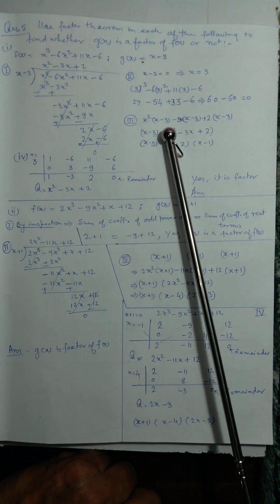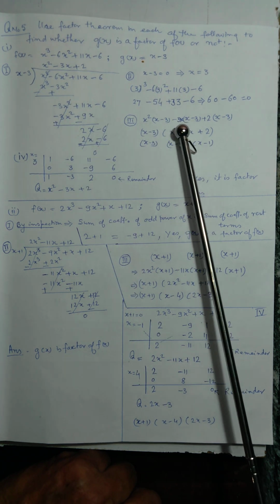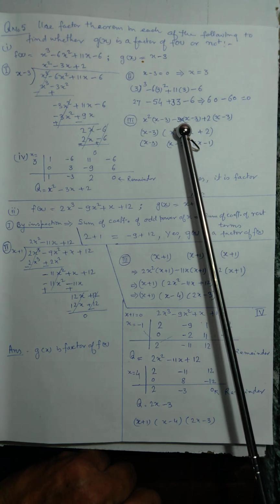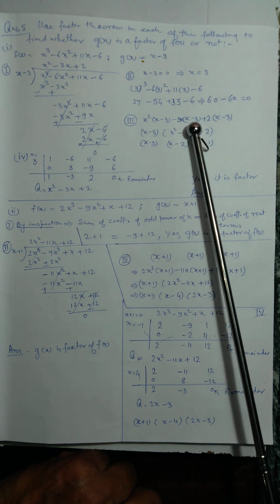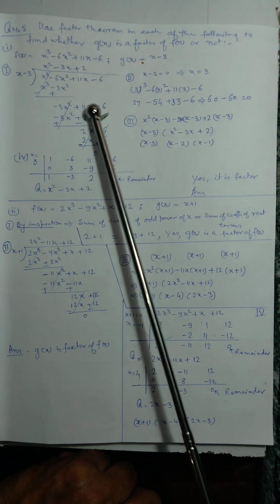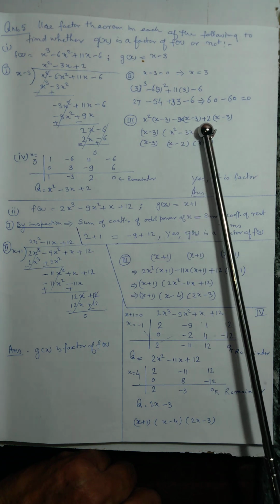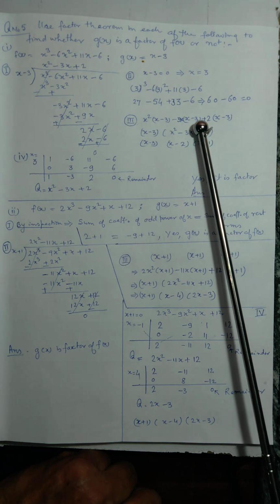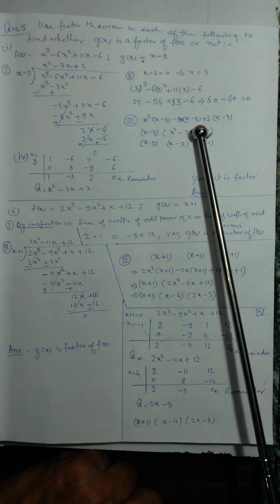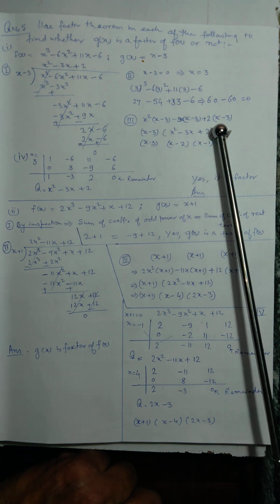But we have to get minus 6x square. So in order to get minus 6, you multiply minus 3x to x minus 3. Here you will get minus 3x square. So when you add it, you will get minus 6x square. Now you multiply this minus 3x by minus 3, you will get plus 9x, and again in order to get 11x, you have got 9x already, so add 2x to it.